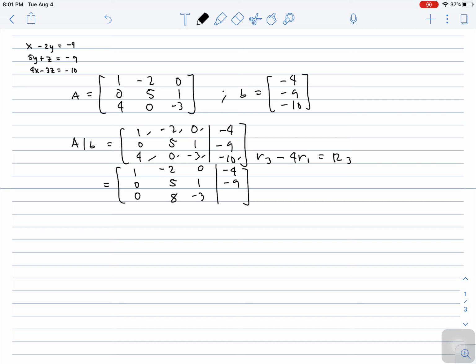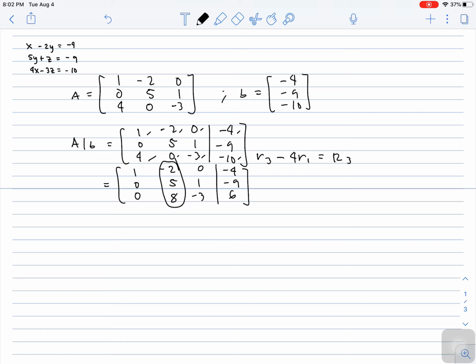Next is negative 10 minus 4 multiplied by negative 4, which is just 6.